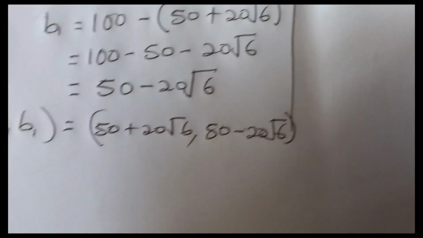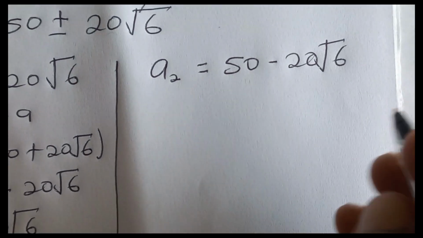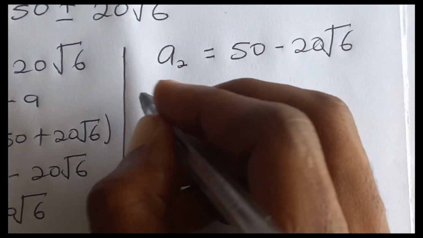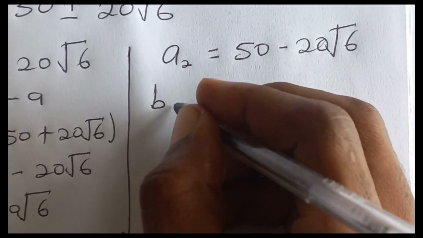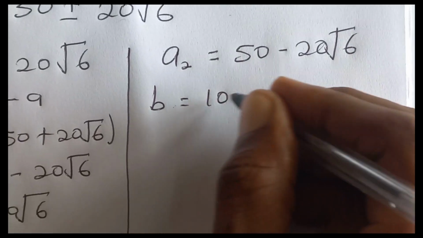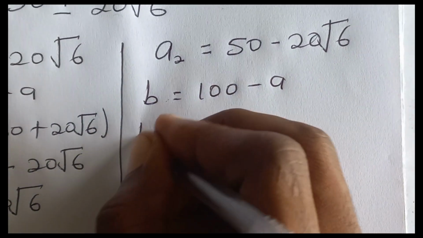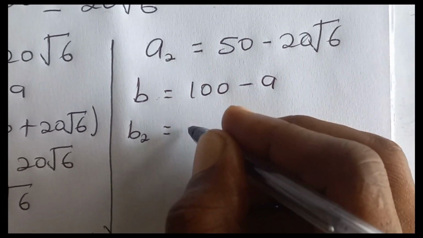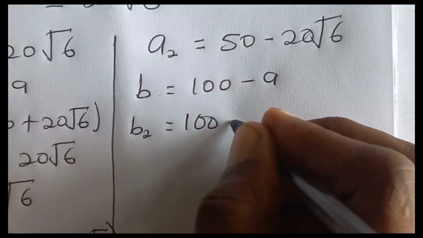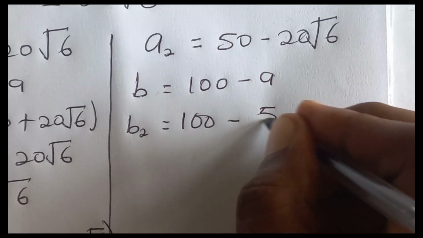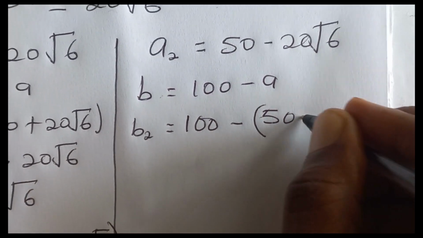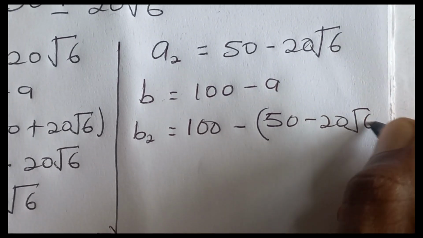Okay, let's solve the second part. A2, we say that b is equal to 100 minus a. So our b2 is going to be 100 minus 50 minus 20 root 6.